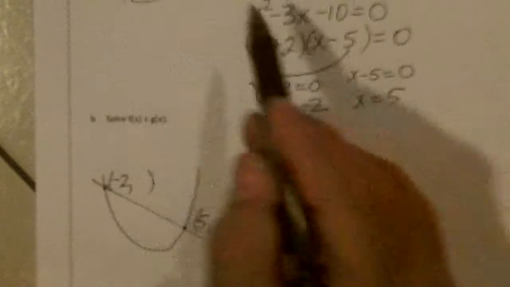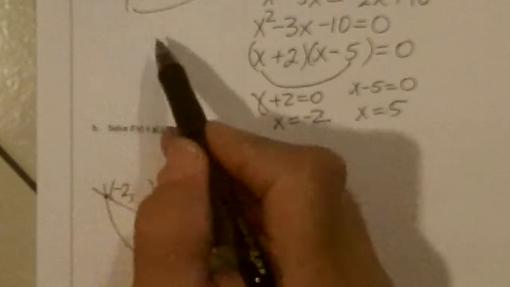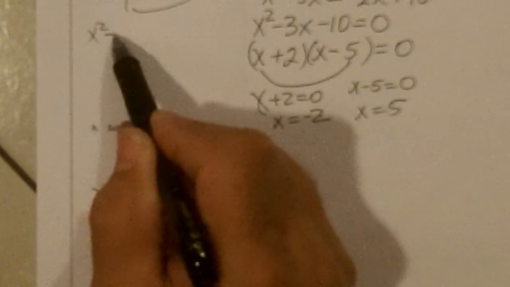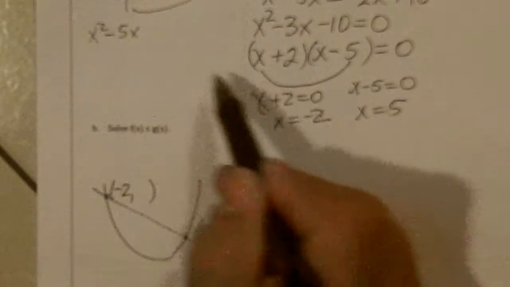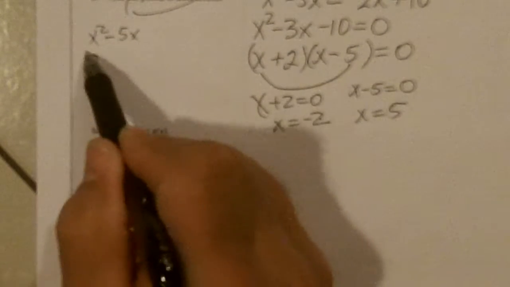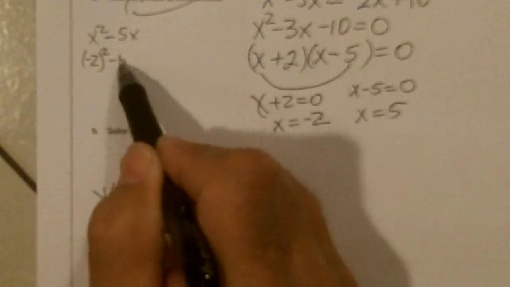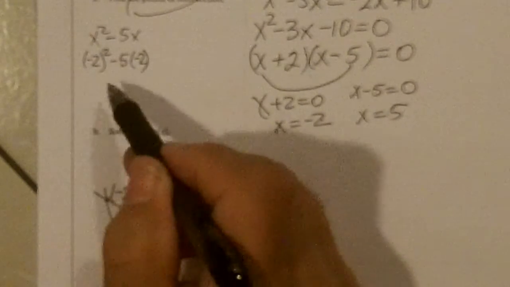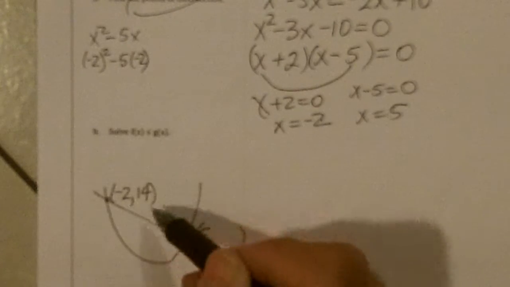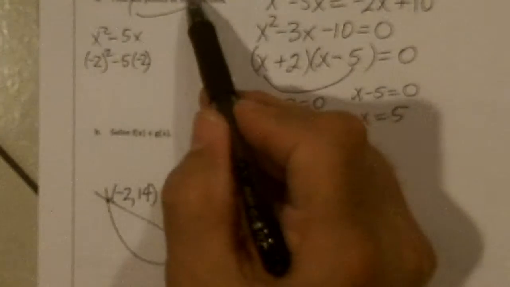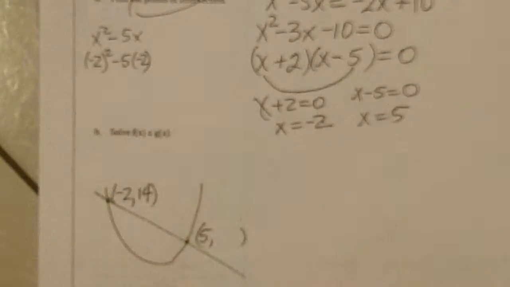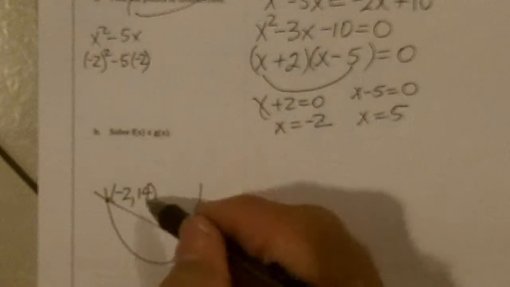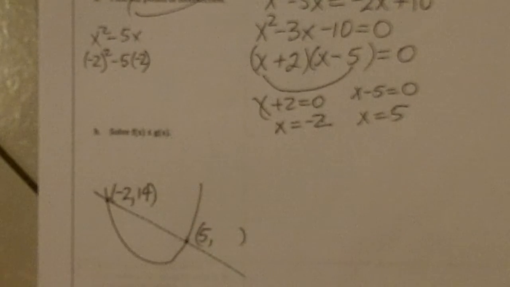Now if I put -2 into either side, x squared minus 5x, I'm going to get -2 squared minus 5 times -2. So I get 4 plus 10 is 14. If I put the -2 on the other side, I'm going to have -2 times -2, which is 4, plus 10, 14. So that one worked.